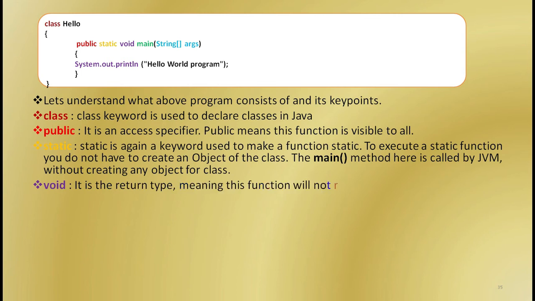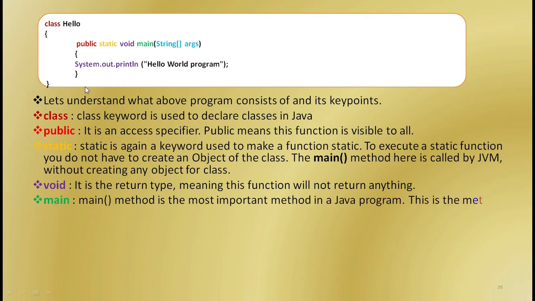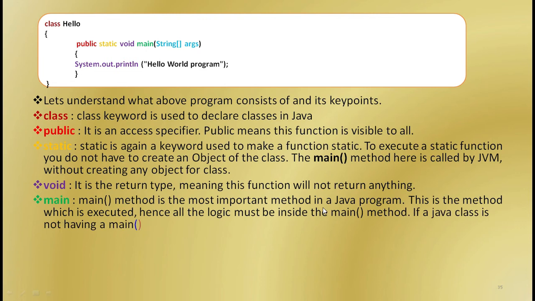Void is a return type, meaning this function will not return anything. The main method is the most important method in a Java program. This is the method which is executed, hence all the logic must be inside the main method. If a Java class does not have a main method, it causes a compilation error.